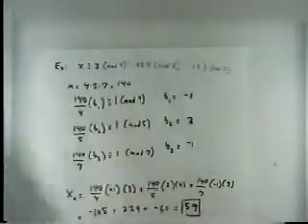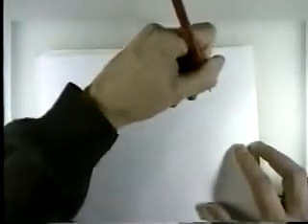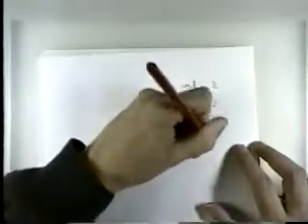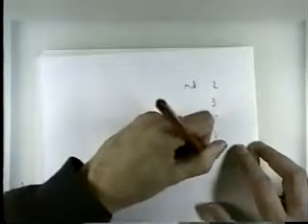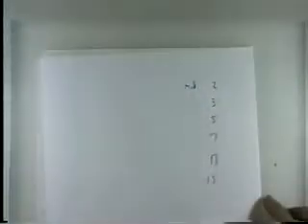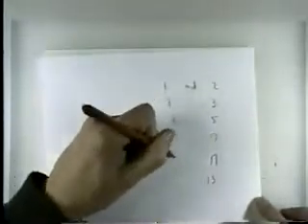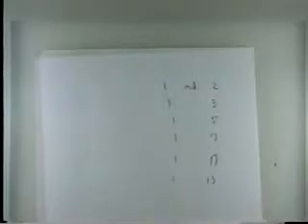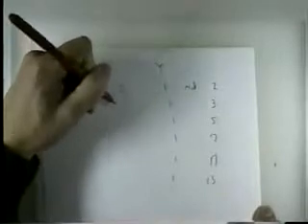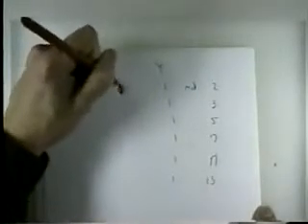When I take the remainder mod 2, 3, 5, 7, 11, 13, let's say the remainders I got were 1, 1, 1, 1, 1, and 1. This is going to be my number. Let's call this number y. Let's say I get another number, and let's say its remainder is 1.